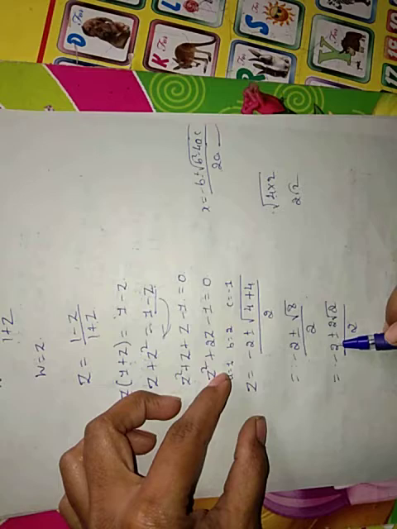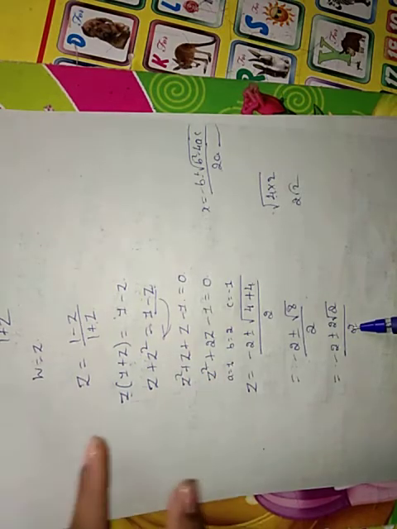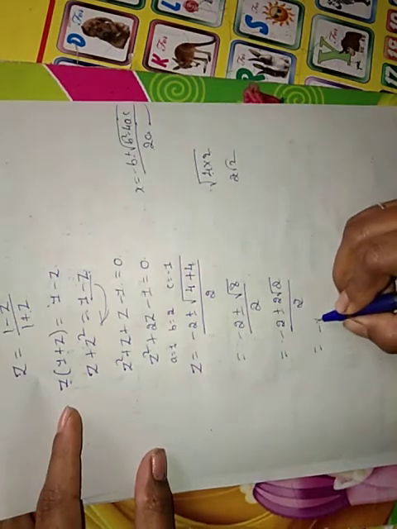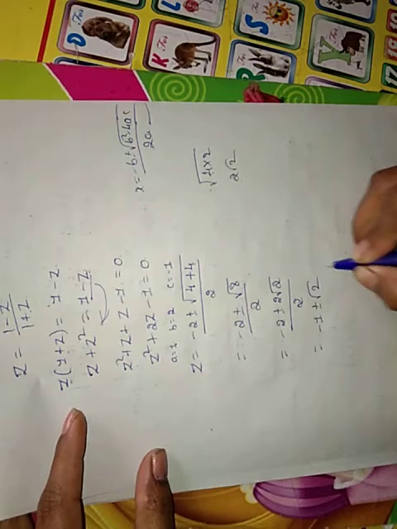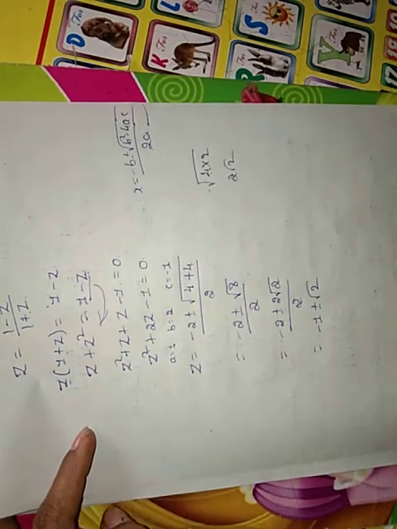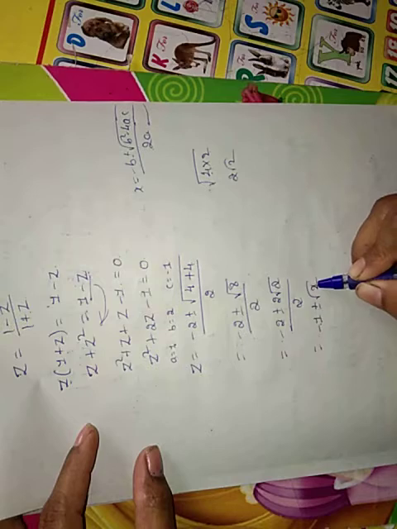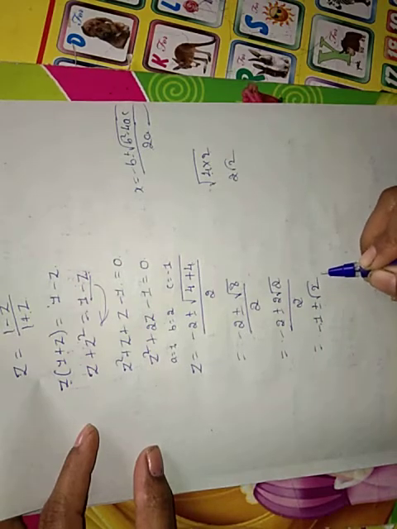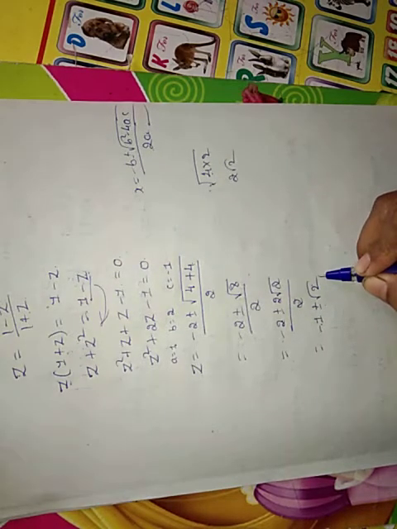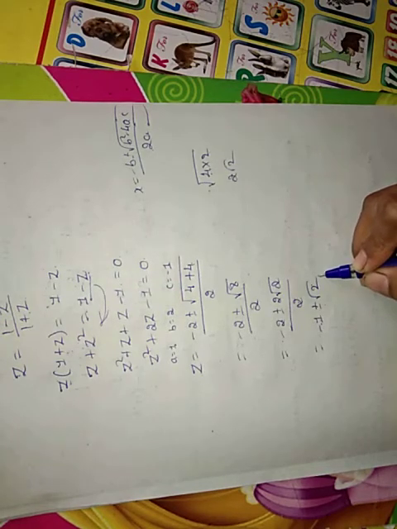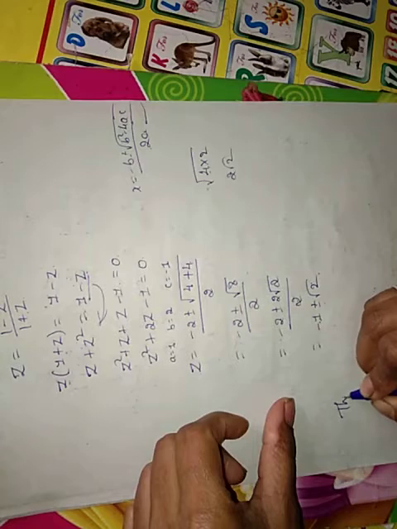Take a 2 common outside and cancel with the denominator. So you are left with minus 1 plus or minus root 2. So minus 1 plus root 2 and minus 1 minus root 2 are the 2 values of z.